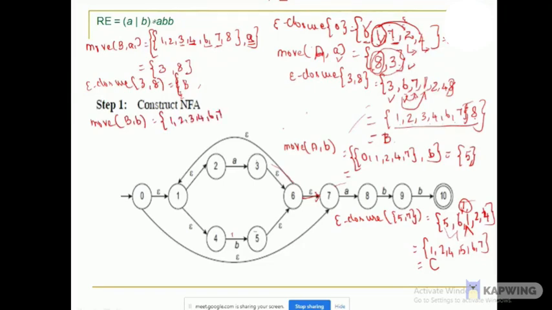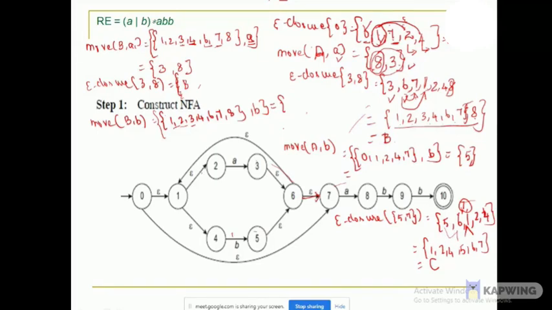Can anyone tell what is move of B comma B? Let me take all the states of B, right? From these states, we have to find the B transition. Is there any transition from 1 on B? From 1, from 2, from 3, is there any B transition?